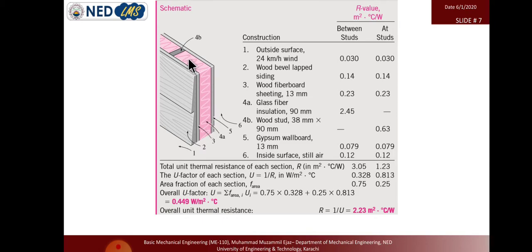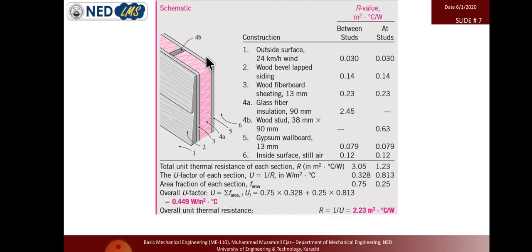If we have a vacant space, it is also a good insulator, with a very good insulation value. So if it is a vacant space, we take the resistance value of convection, like still air. As we took outside air, we will take still air convection heat transfer resistance value.